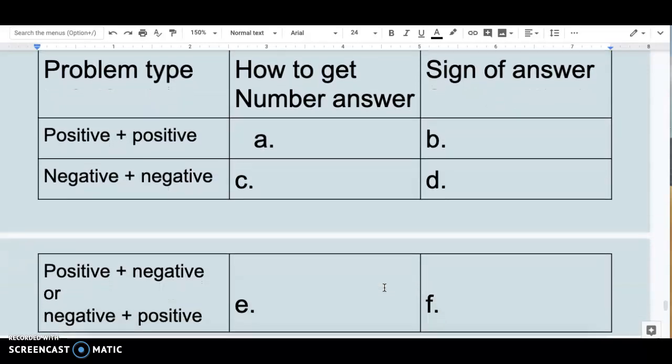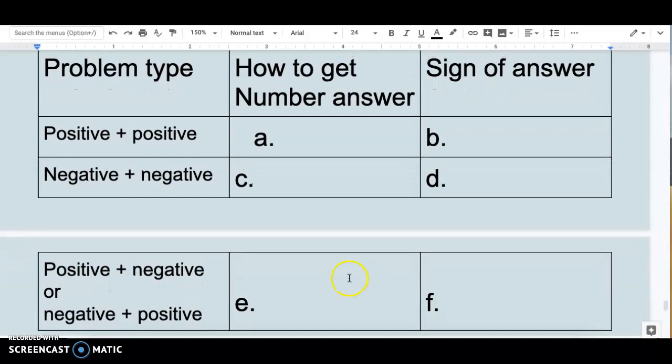Next, we have this chart. It should look familiar. We did it as a warm-up. You may not use your notes on this quiz. If I have a positive number plus a positive number, how do I get the number of the answer? That's part A. If I have a positive plus a positive number, what sign is the answer going to be?